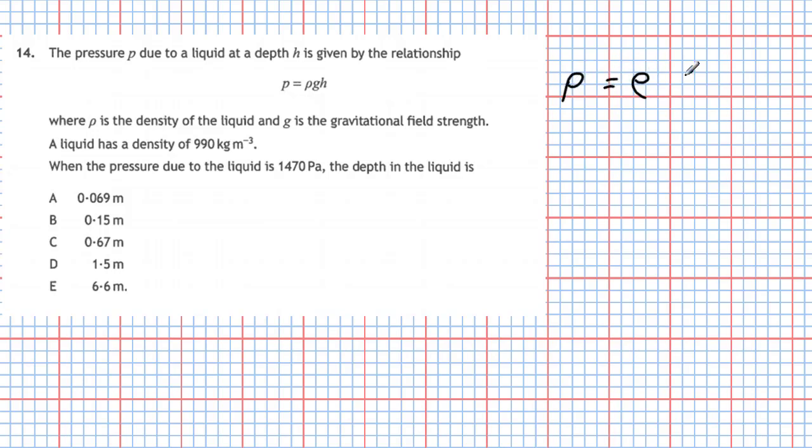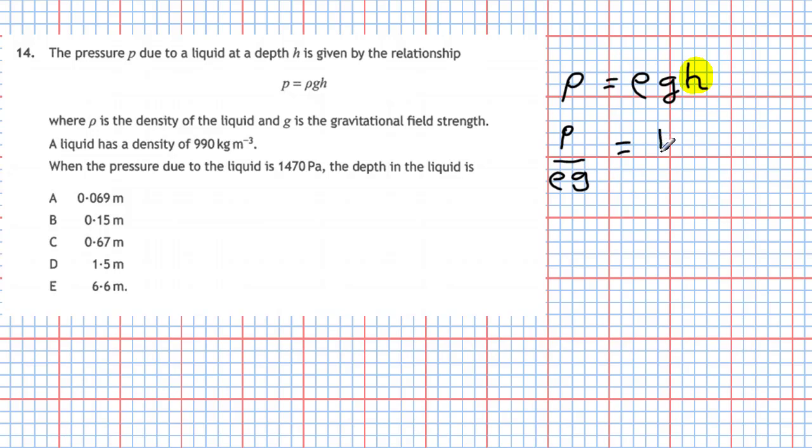Pressure P equals rho, the density, times the gravitational field strength g, times the depth h. We rearrange that equation so we have h on its own. To do that, all we have to do is divide by all the quantities except h. So h equals P divided by rho times g.